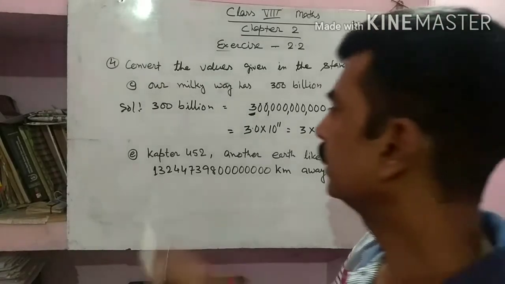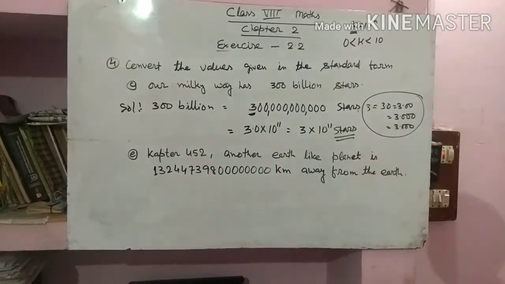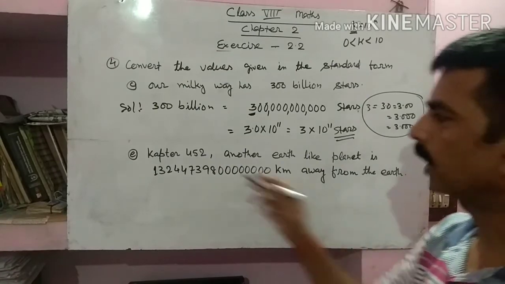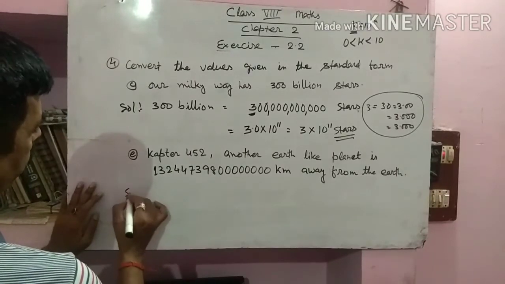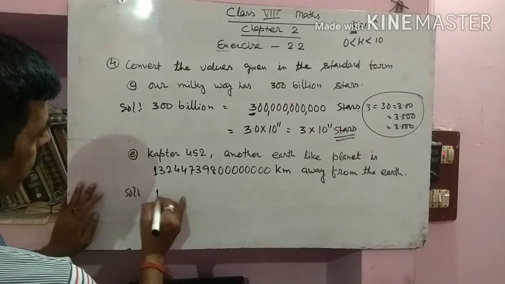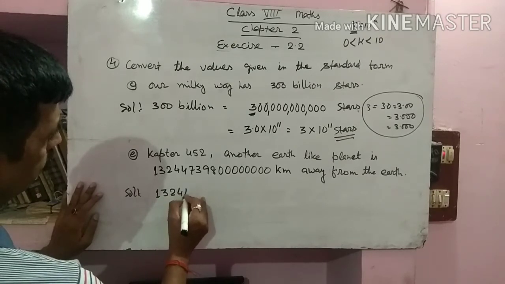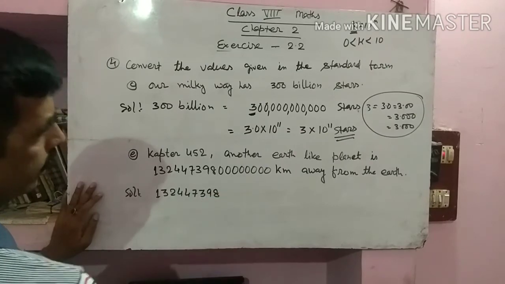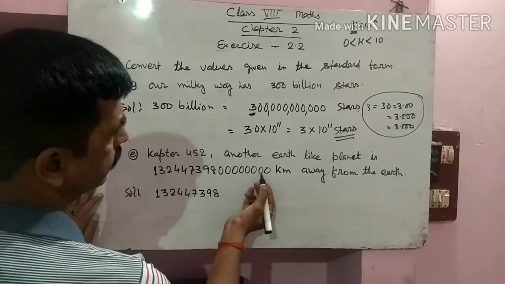Okay. The next one is Kepler 452, another Earth-like planet, which is this many kilometers away from the Earth. Kepler is the name of a planet like Earth. We have to write this in standard form. First of all, write the number as given, which is 1, 3, 2, 4, 4, 7, 3, 9, 8, followed by 8 zeros.